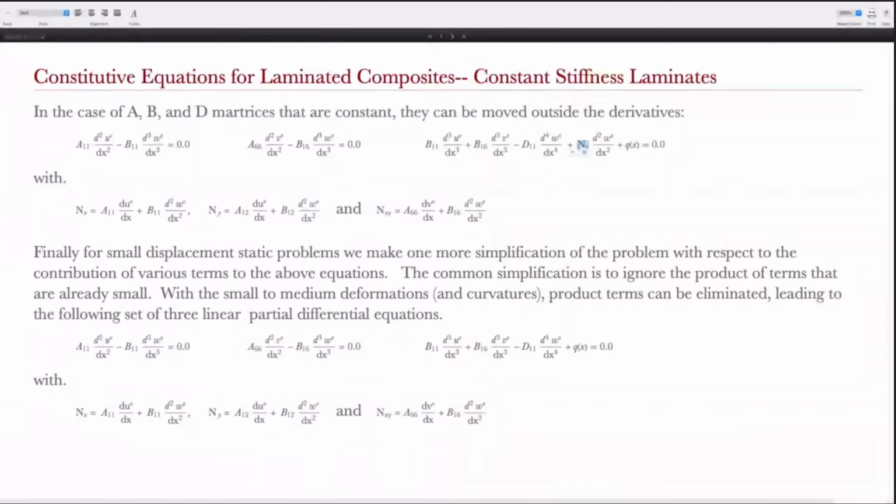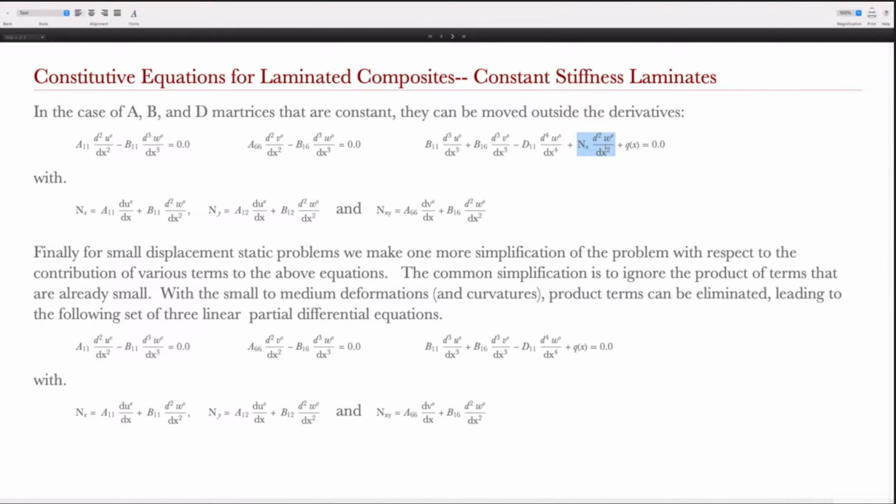So to eliminate this, we invoke what is commonly termed the assumption that the product of small terms is even smaller than their individual terms. If we make the assumption that these terms are small, then we get rid of the term that is nonlinear. I chop it off.